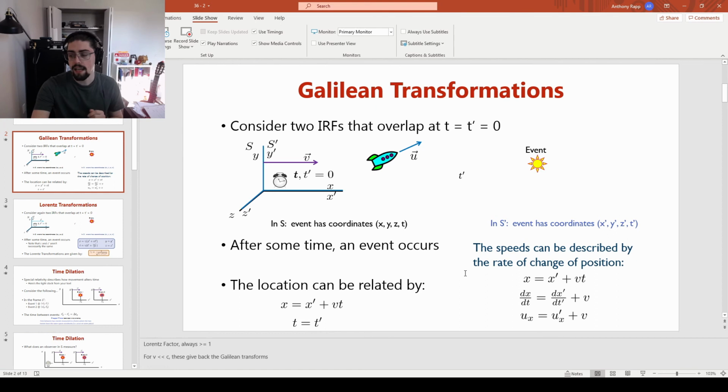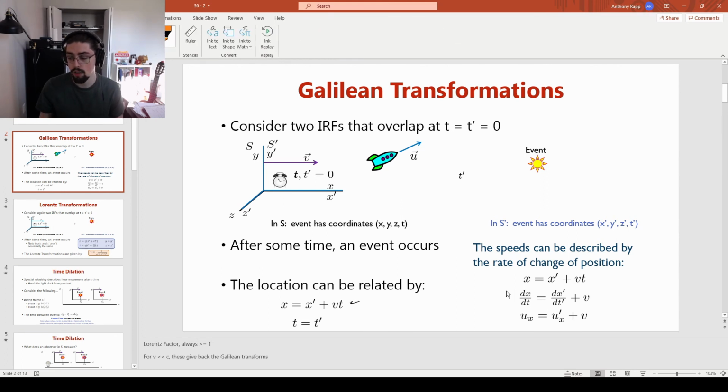We can also do the exact same thing if the object that we're looking at has some sort of velocity as well. If we take the derivative of this position equation, we can say that the speed as we see it in S is equal to the speed as we see it in S prime plus however fast S prime is moving.